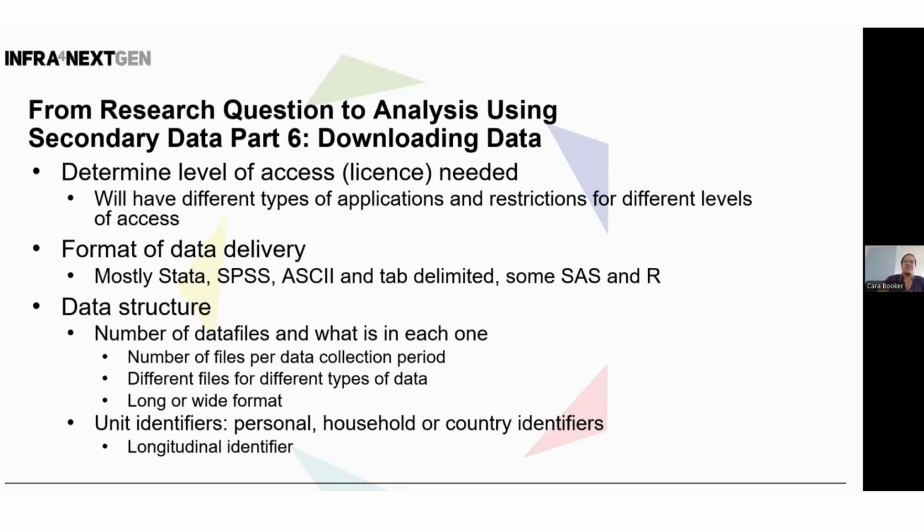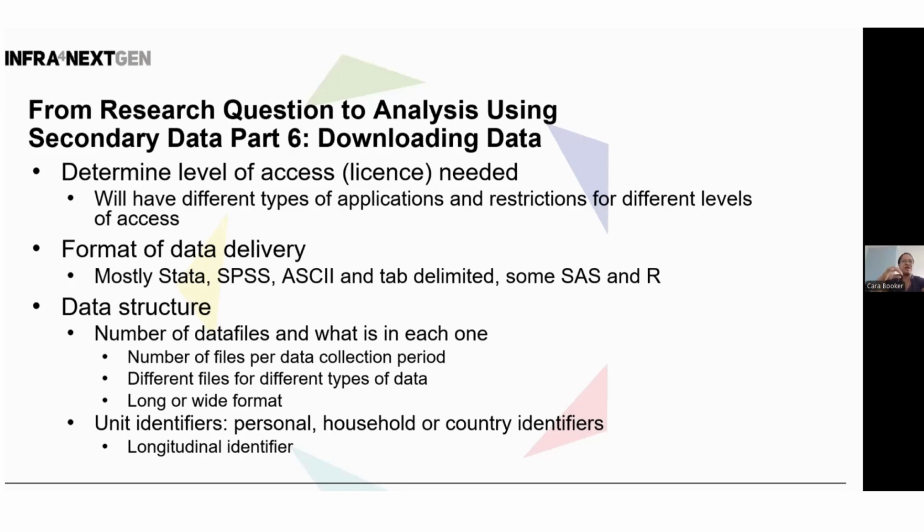So sometimes you can just get one file for a study, everything's in one file. A lot of times, particularly in longitudinal studies, you're going to get a lot of data files, and you need to know what's in which one. So you need to know which files you want to download, if you can download them individually, or if they all come together, which ones you want to use for your analysis.